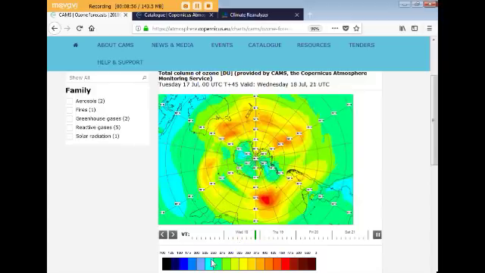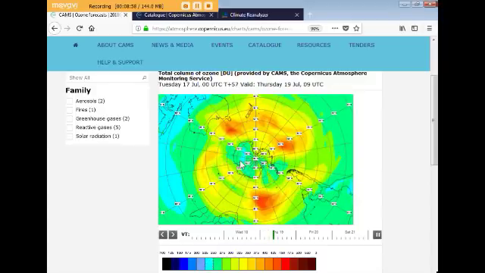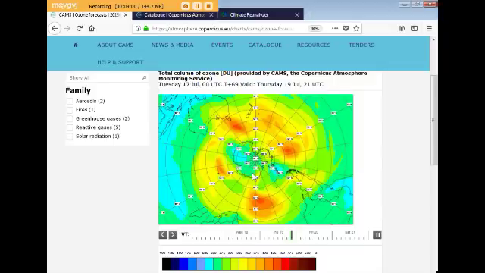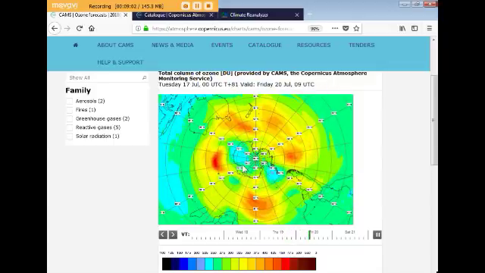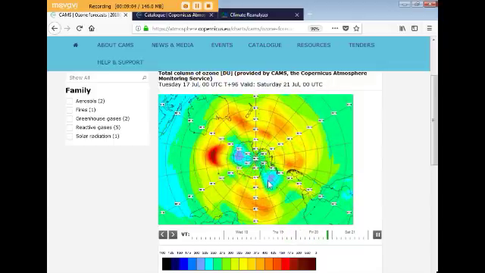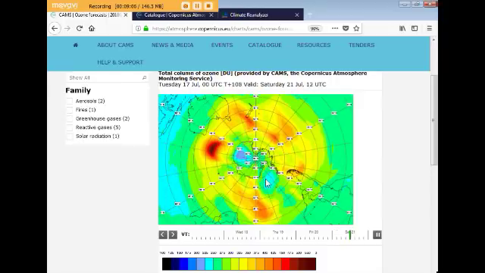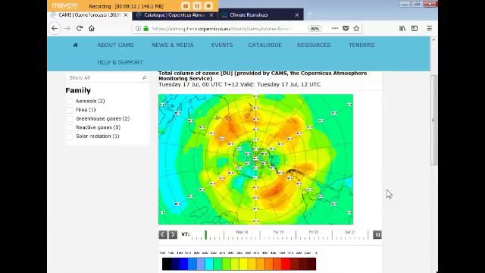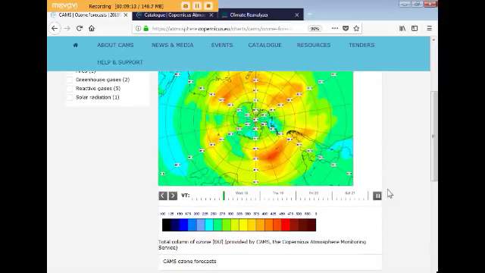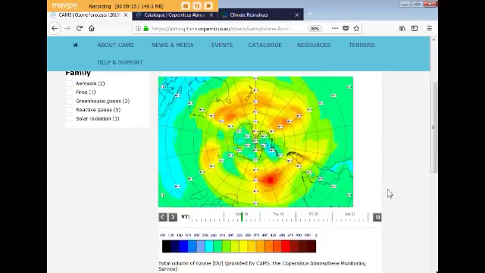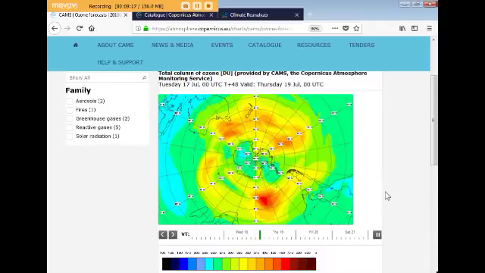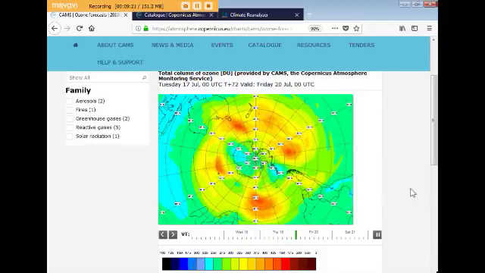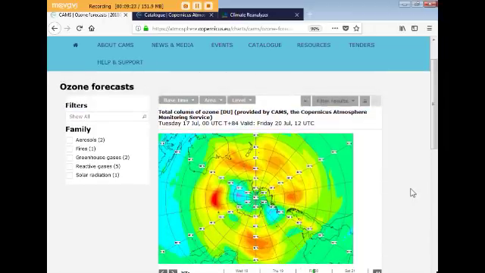Now watch and we'll see it go to the darker blue. Here it comes. See? That's about the lowest I've seen it. And that's about the lowest. The lowest NASA saw it, I think, was about 175 when it was the worst.